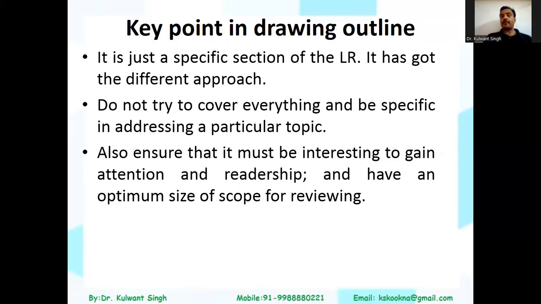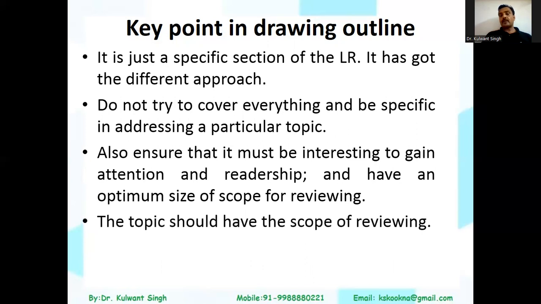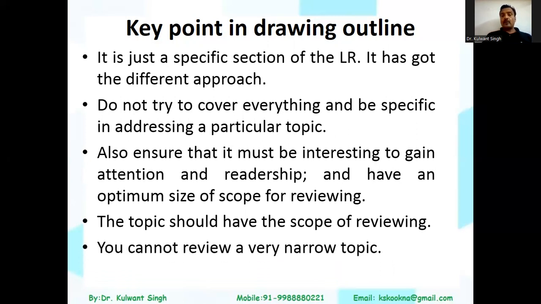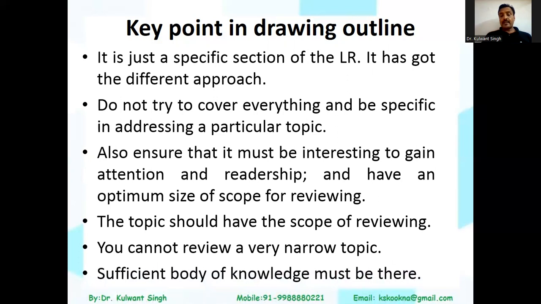And have an optimized size of scope for the reviewing. The topic you have selected for the review should have some specific scope. You cannot review a very narrow topic. A sufficient body of knowledge must be there.